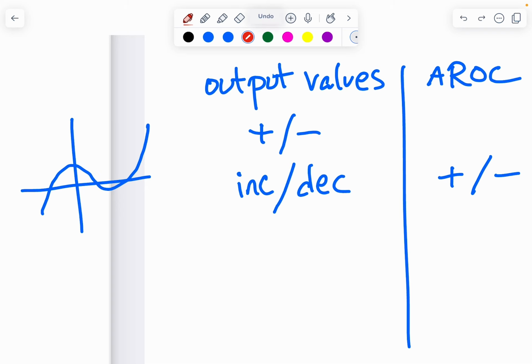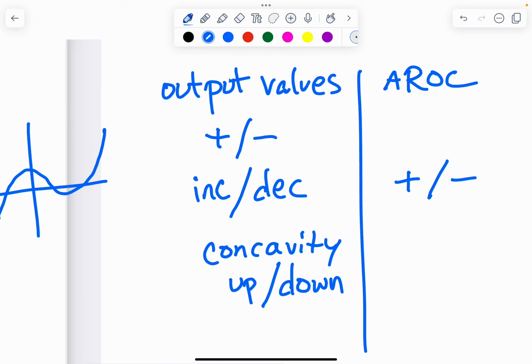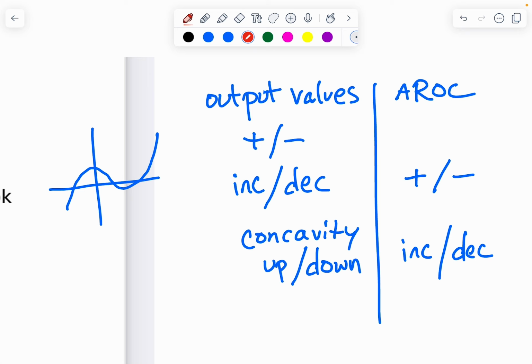Likewise, we would be decreasing as we go, something like that. Okay, the other thing we want to talk about is the concavity of our output values. They can be concave up or they can be concave down. When the graph is concave up, the average rate of change will be increasing. When it's concave down, the average rate of change will be decreasing. So if we look at this graph, we're concave up on this interval.